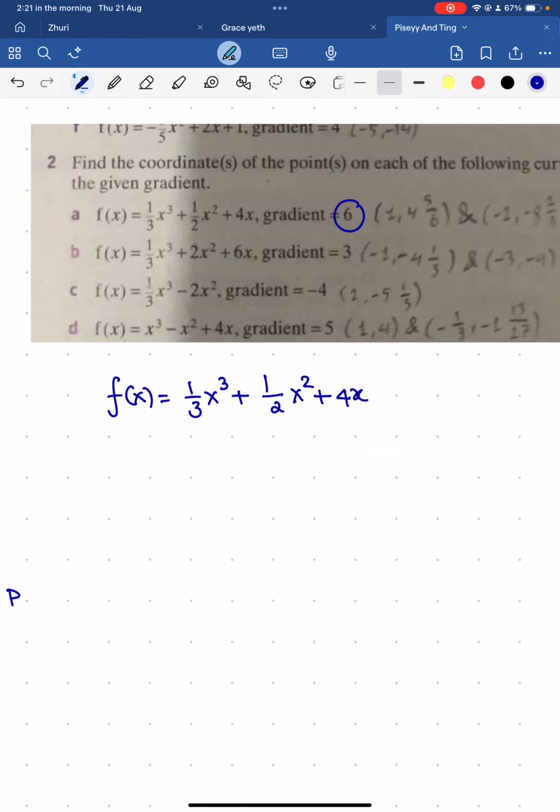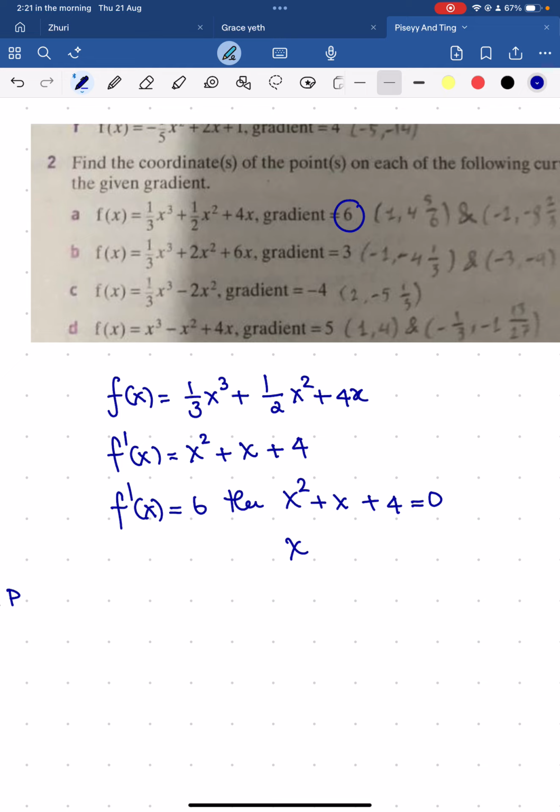So in order to find the coordinate of points, we let f prime of x be x squared plus x plus 4, and we let f prime of x equal to 6. Then it's gonna be x squared plus x plus 4 equal to 6.